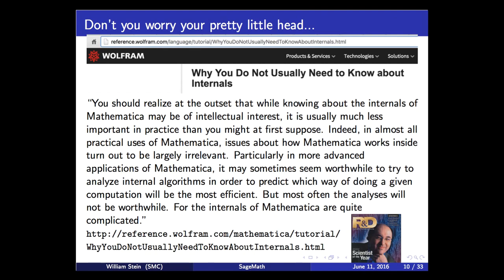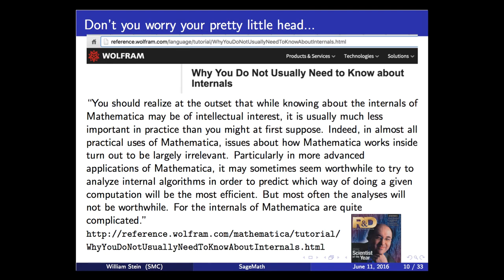So if you go right now and you Google and ask, why is, say, Mathematica closed source? This is the page you'll find on the Mathematica website today. And here's what it says. You should realize at the outset that while knowing about the internals of Mathematica may be of intellectual interest, it is usually much less important in practice than you might at first suppose.